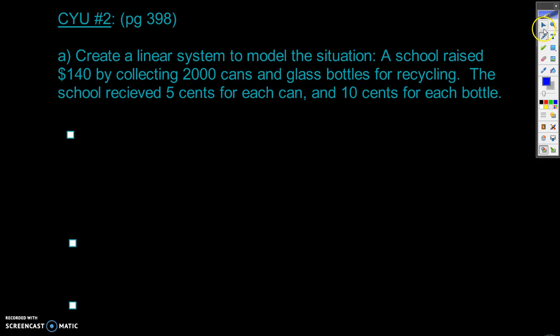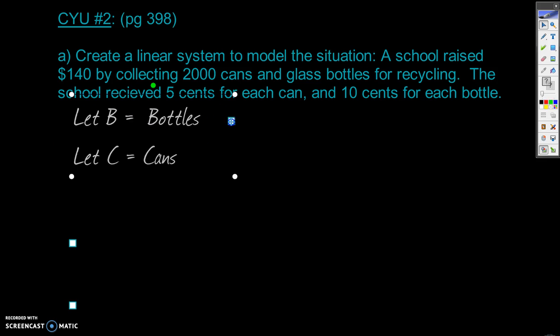Okay, so now, first things first, let's define those variables. Let B equal bottles. You could even say glass bottles. Let C equal cans. For our first equation, okay, so we have the $140.